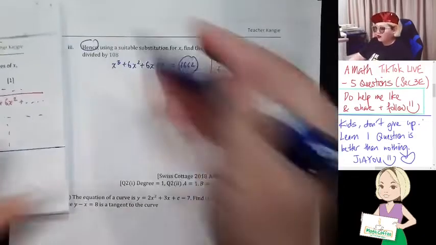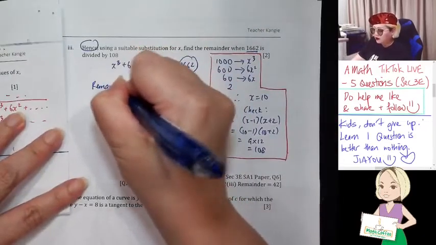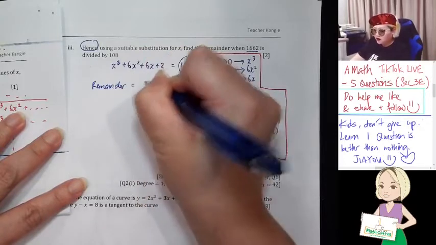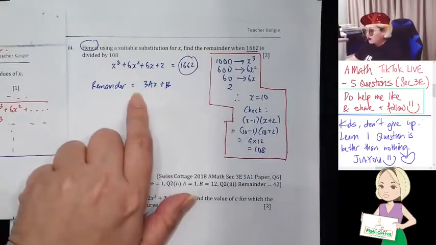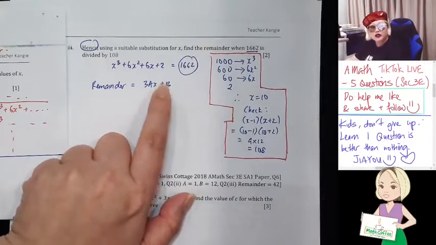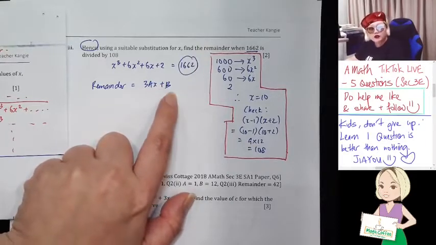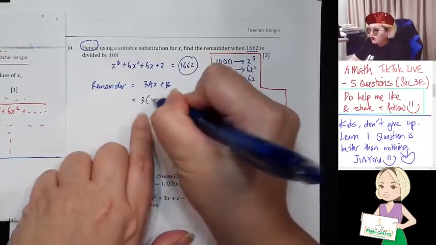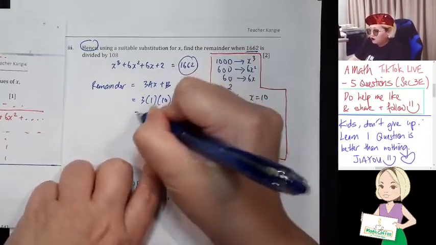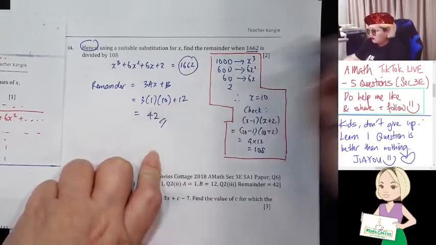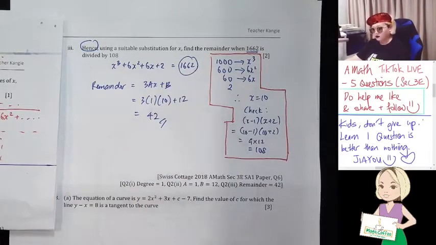So it means that I can know that my remainder is 3ax plus b. All I need to do is sub in the a that we found, sub in the x that we found, sub in the b that we found. So 3a was 1, x we have found that is 10, b was 12. So in the end, my remainder is 42. All good?